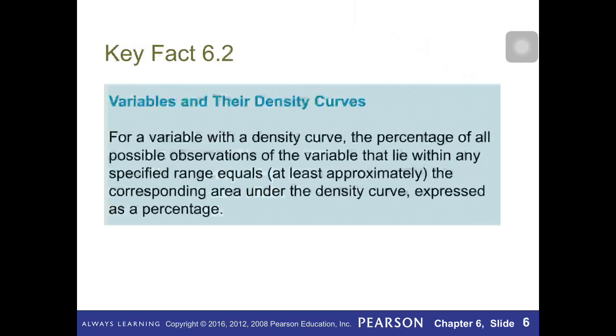Variables and their density curves. For a variable with a density curve, the percentage of all possible observations can be given by the area under the curve.